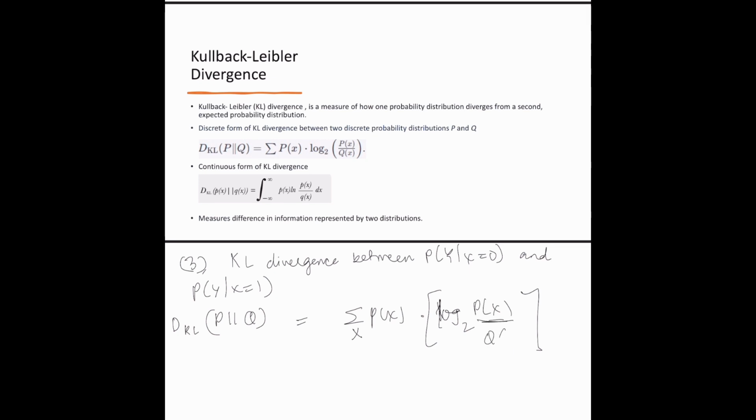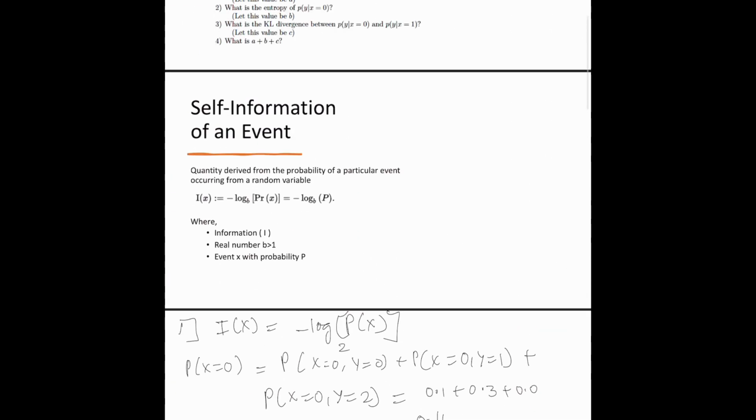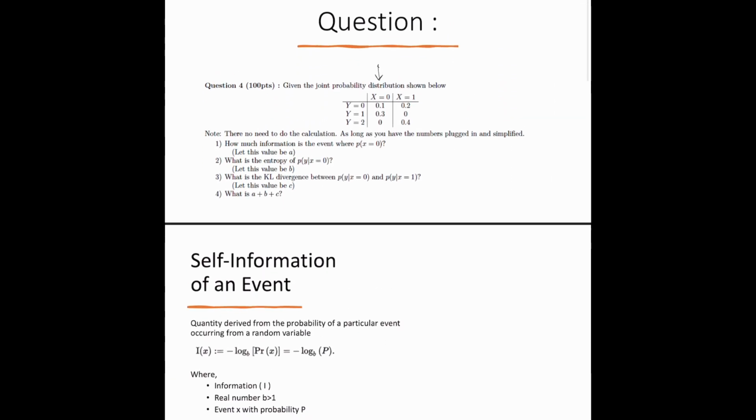So in our case, we aim to find out the KL divergence between p of y given x is equal to 0 and p of y given x is equal to 1. As we know, for x is equal to 0 and x is equal to 1, p of y is equal to 2 given x is equal to 0 is 0, and p of y is equal to 1 given x is equal to 1 is 0, so we will consider only y is equal to 0 and y is equal to 1, where both the conditional probabilities are non-zero.